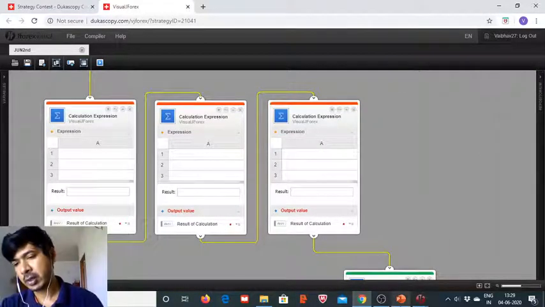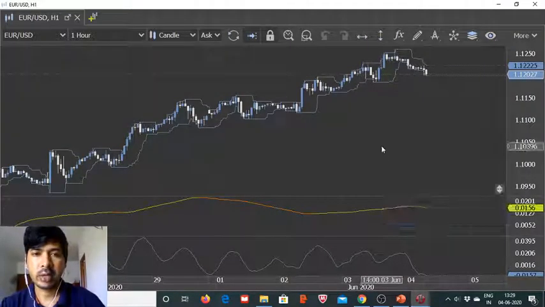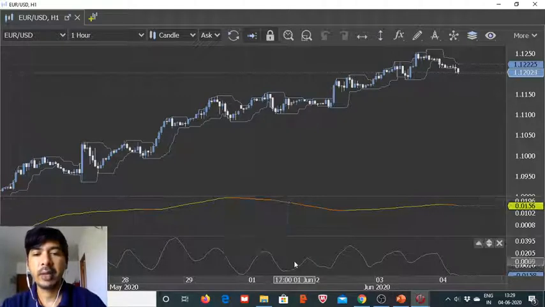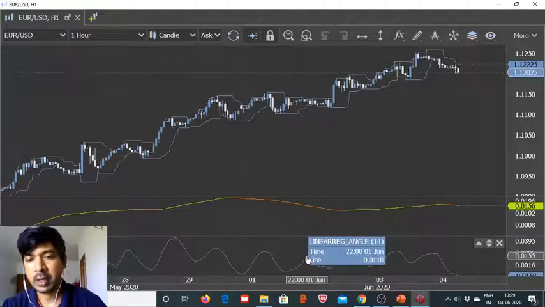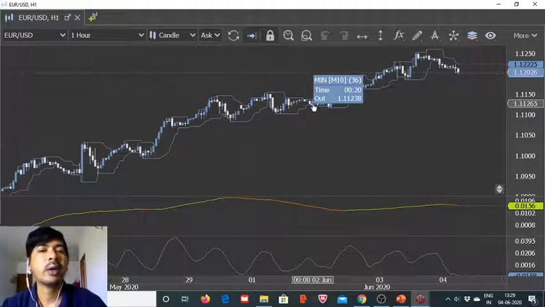Now let me explain to you the sell entry point on the chart. Suppose the TRIX requirement and the LRA requirement are in place, then we need the sell trade to happen when the price starts to fall below the last hour's candle close.